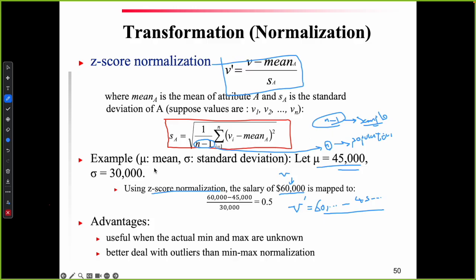I may not give it to you. For simplicity in this example, I also provided the standard deviation, but in the exam, you may need to calculate this yourself. And then this will give you the normalized value of $60,000 using z-score normalization.